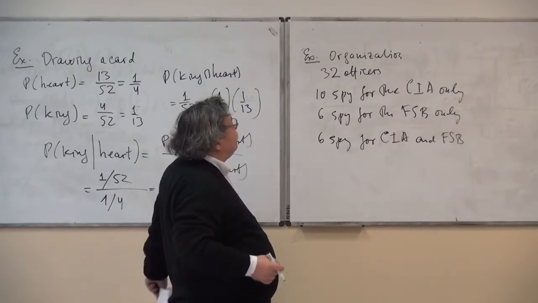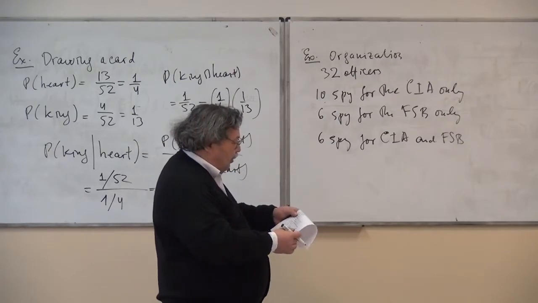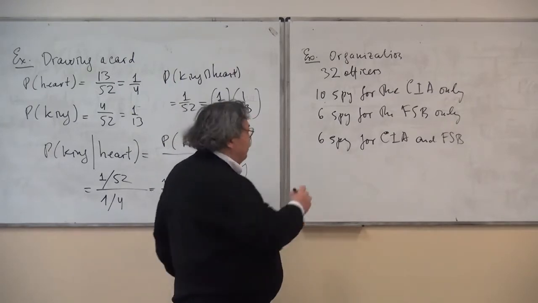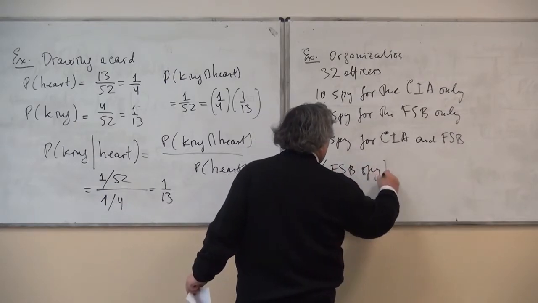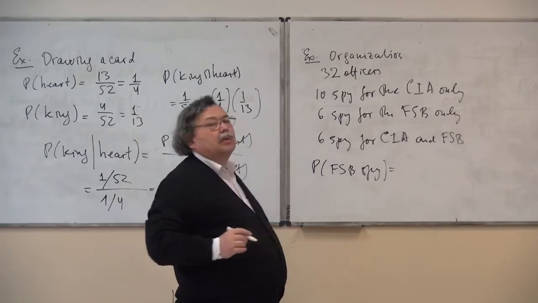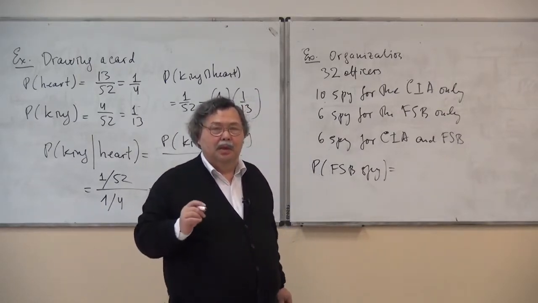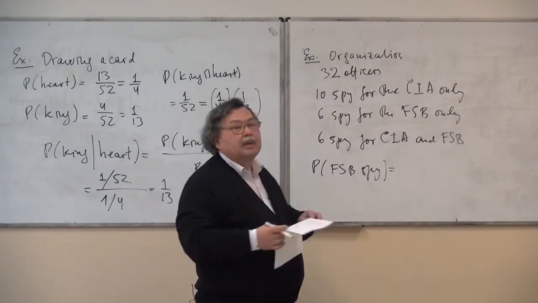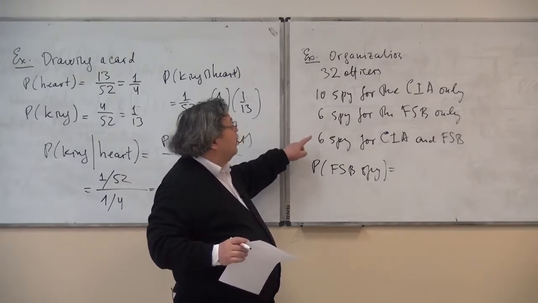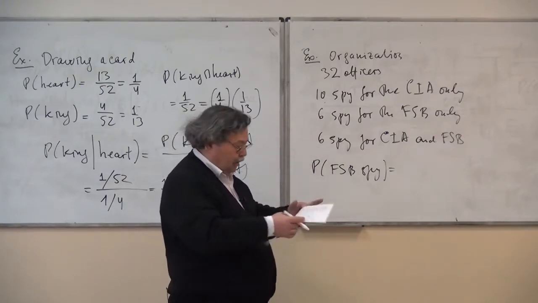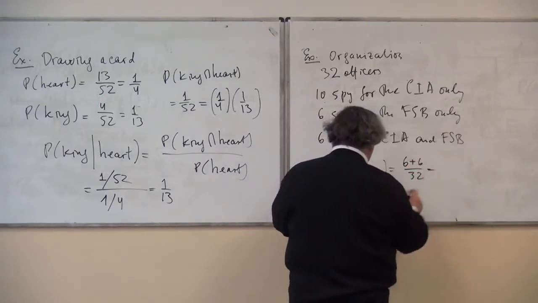Well, what's the probability that a randomly chosen officer is an FSB spy? We need to divide the number of FSB spies by the total number of officers. And how many officers are FSB spies? It's this plus this. So it's 6 plus 6 divided by 32.